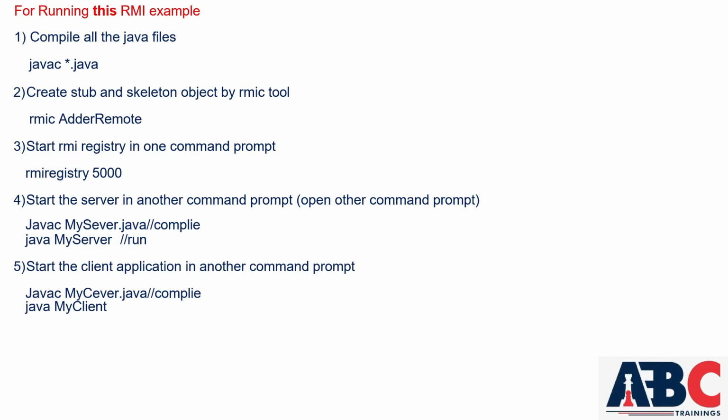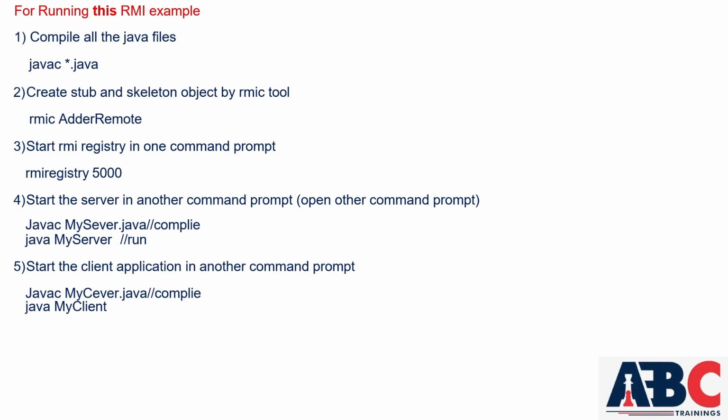Next, for running RMI, we first compile all the files. So we use the command javac *.java. Then all files are compiled, and then create the stub and skeleton object with the rmic tool, so rmic AdderRemote. Then start rmiregistry in one command prompt, using port number 5000 for our RMI registry.